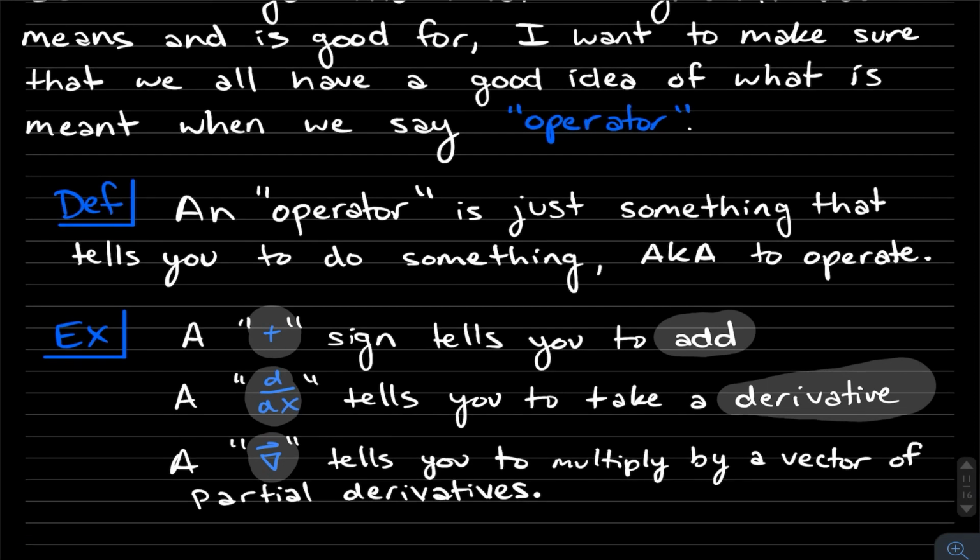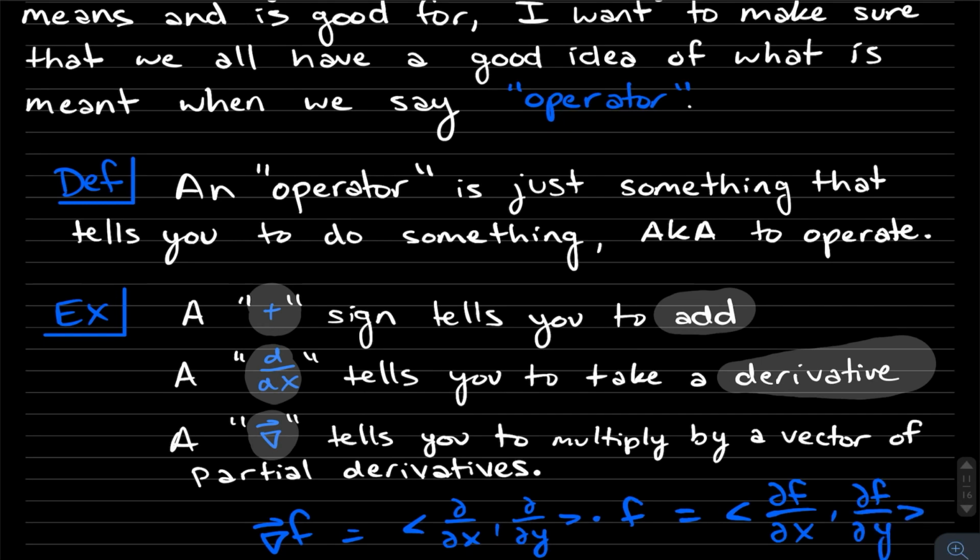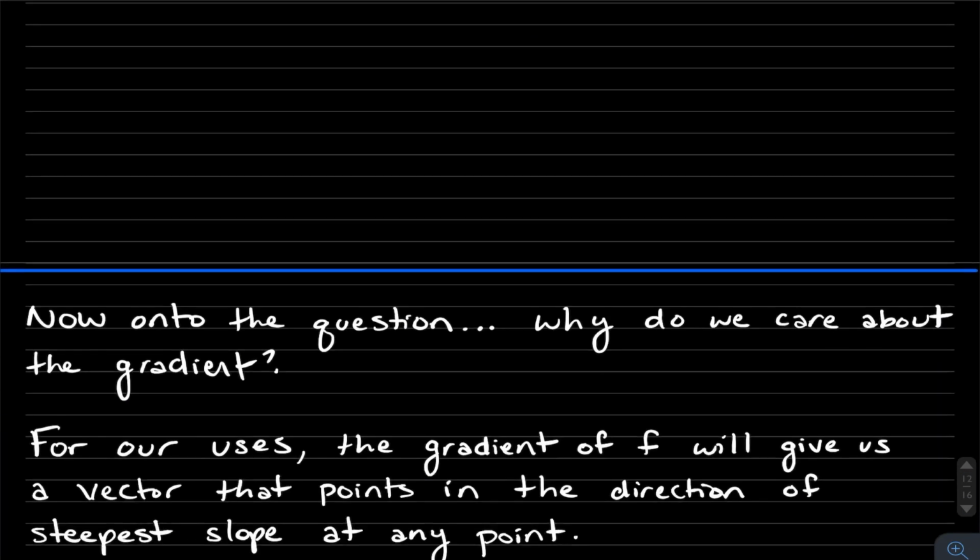So if you are finding the gradient of f, what you're doing is multiplying a del operator by f. And when you do that, you indeed get this vector of partial derivatives acting on f. That's the idea of what is meant when we say an operator.